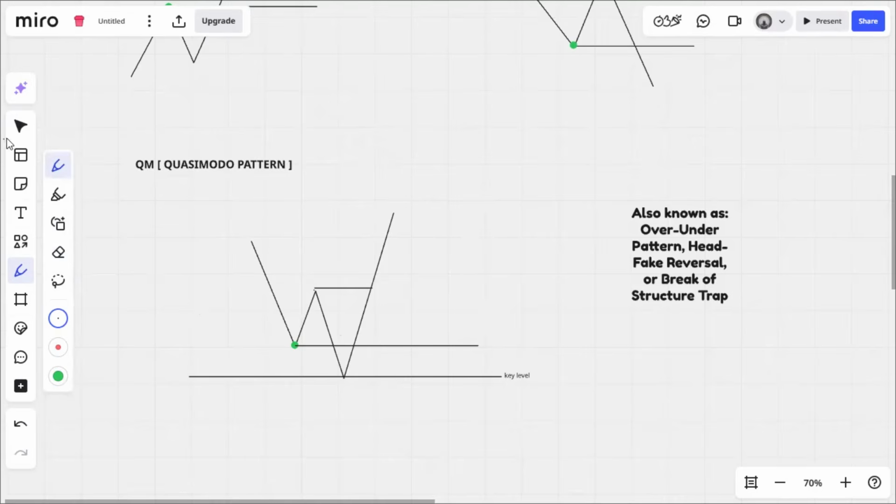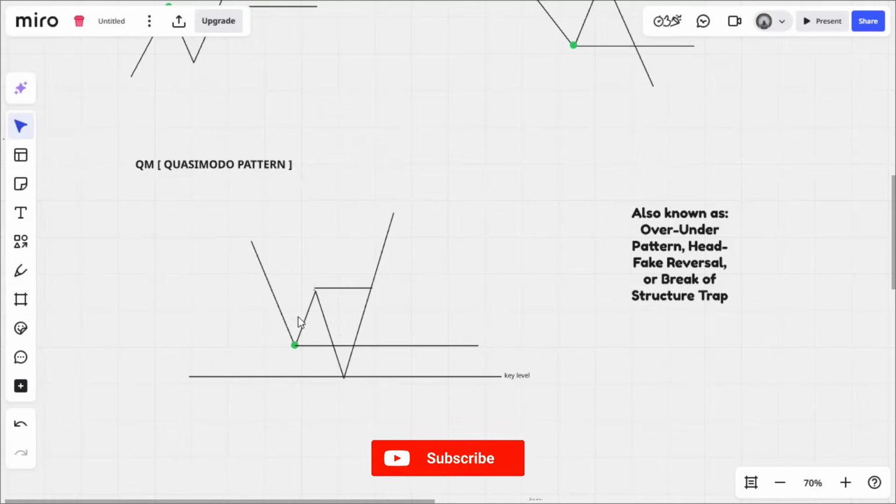QM is very easy, so I'll explain it again. When you're looking for a QM, Quasimodo pattern, the first thing you need is a key level, and that key level must be induced. You need to see a liquidity point above or below this key level.